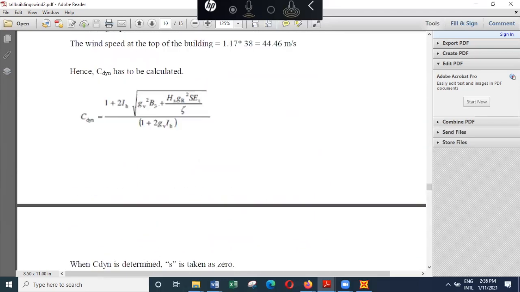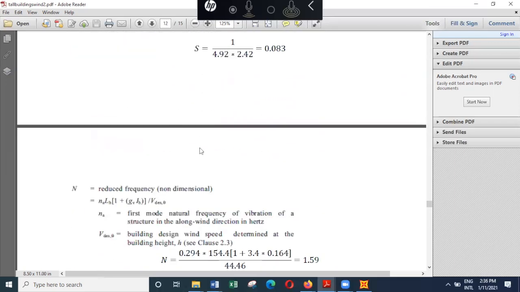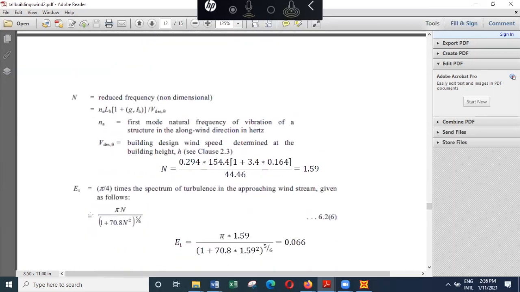So we know GV, we know BS, HS, GR, S. What we don't know is ET, and we can calculate that value also. ET is given by this particular expression, which depends on a non-dimensional quantity called reduced frequency, N, given by this equation: N is Na L_H times (1 plus GV IH) over V design theta.